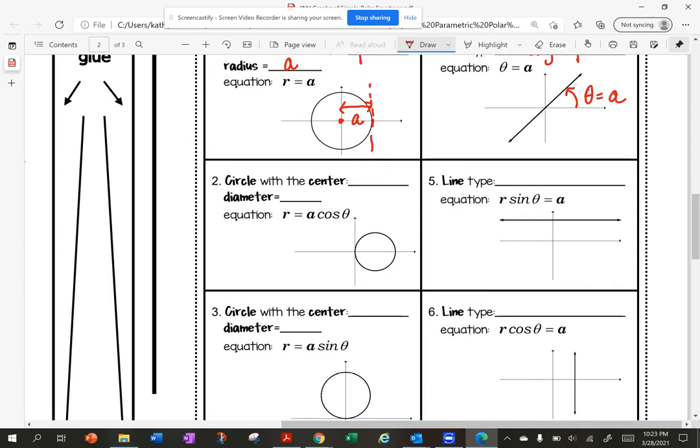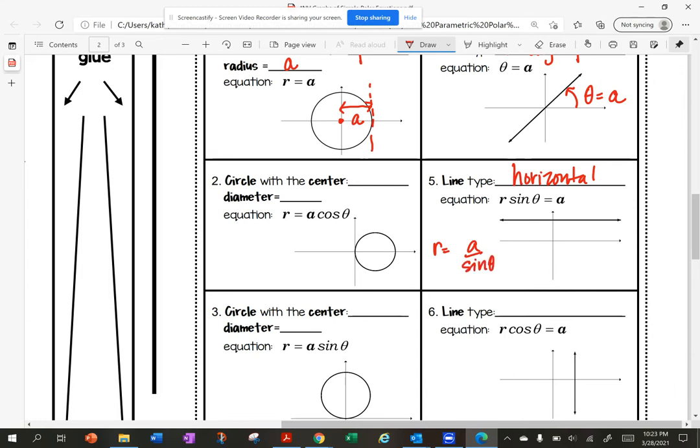So when I have a horizontal line type, I'll have an equation that says r times the sine of theta equals a. Putting it in my calculator, I was solving for r equals a divided by the sine of theta.